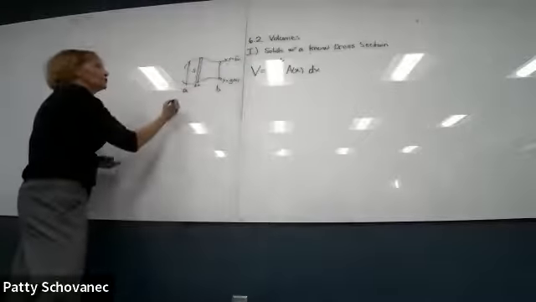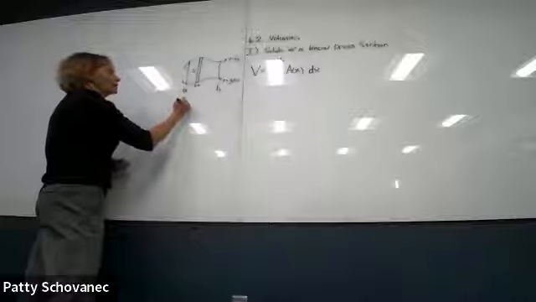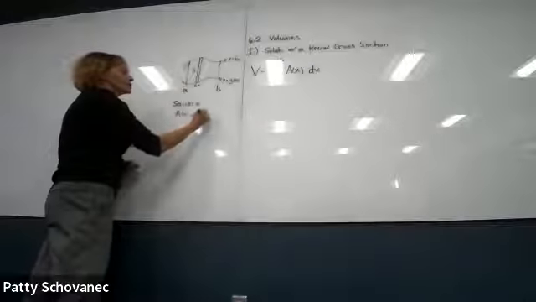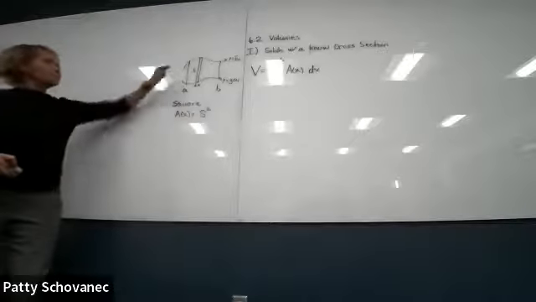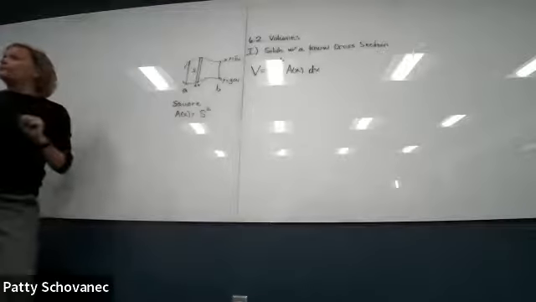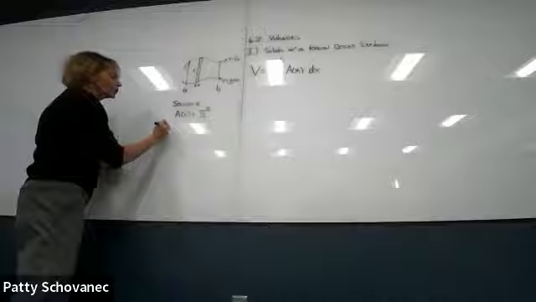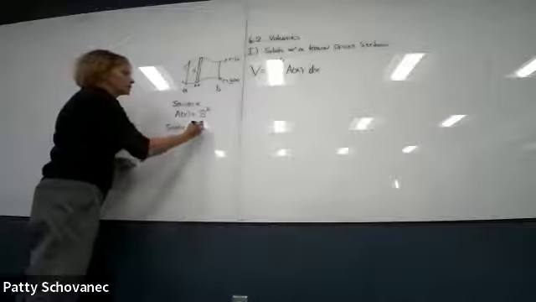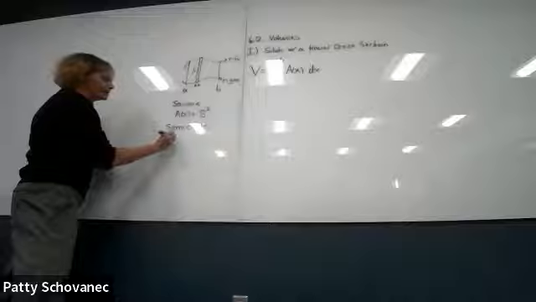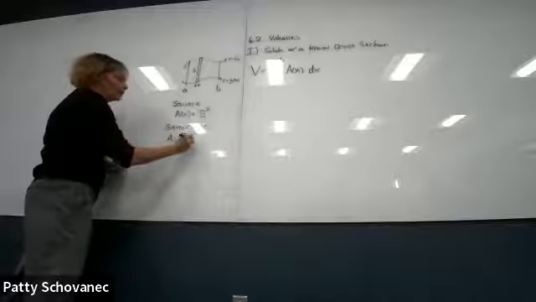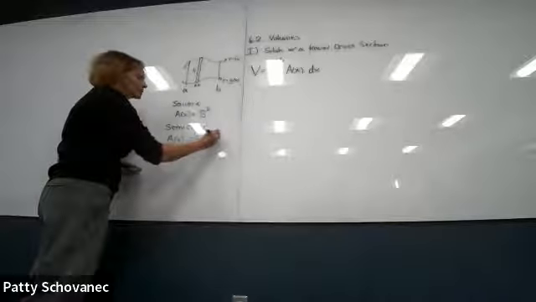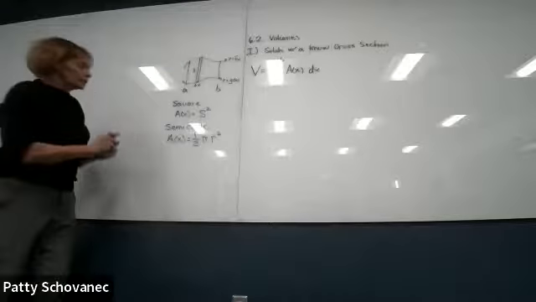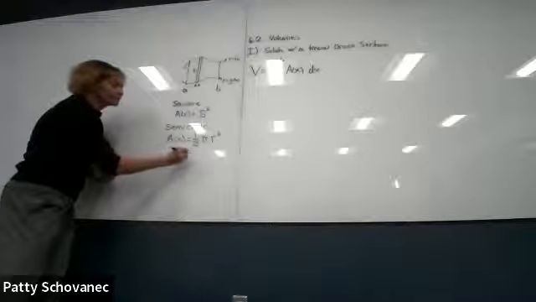If we're told that the cross section is a square, then for area we just use s squared, where s is top graph minus bottom graph. If we have a semicircle, then area is 1/2 pi r squared. s would be the diameter of that semicircle, so r is half of s.